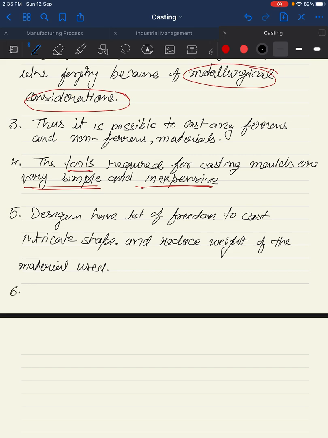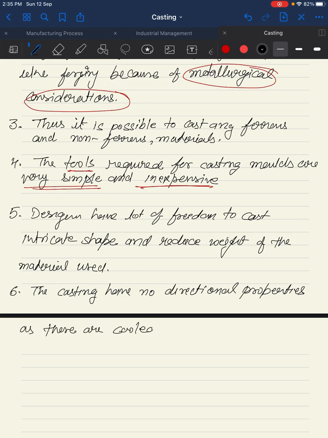Sixth point is that castings have no directional properties as these are cooled uniformly on all sides.